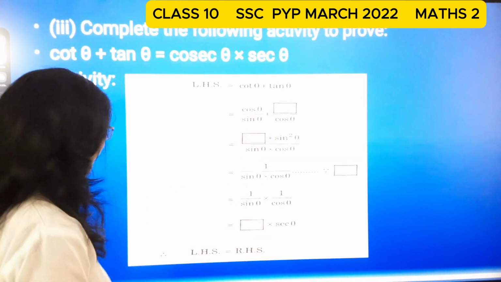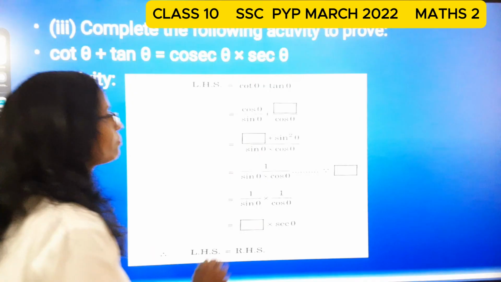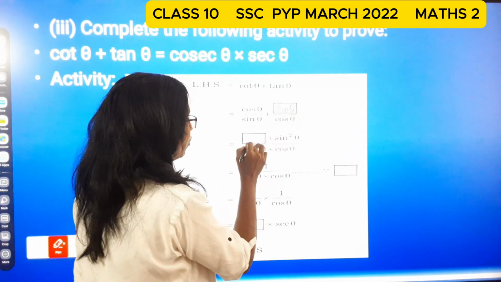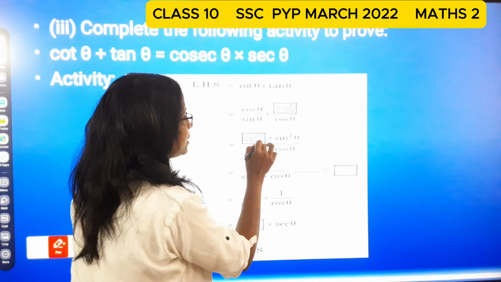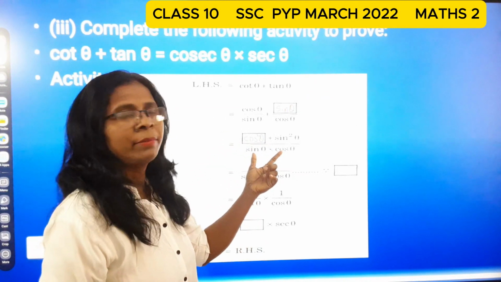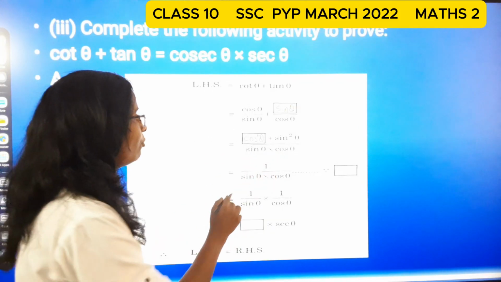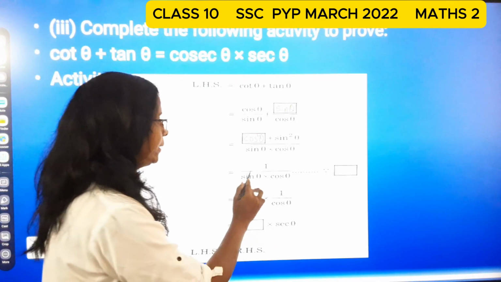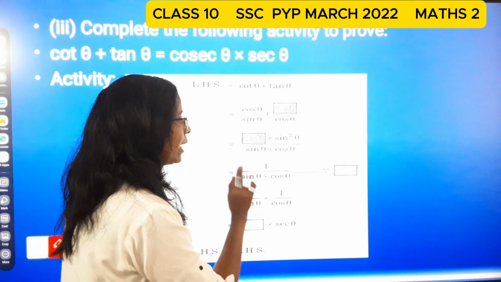Tan theta represent as sin theta upon cos theta. Then here cross multiply: cos square theta plus sin square theta upon sin theta multiply cos theta. Now here cos square theta plus sin square theta, which is equal to 1, divided by sin theta multiply cos theta.